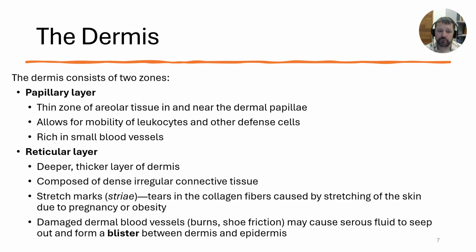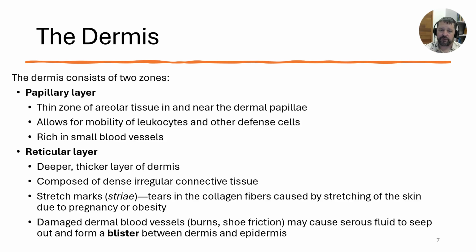Again, dermal damage happens in this region often. This is where blisters will form, either through burns or friction of the epidermis and dermis layer. Fluid seeps into the spaces around this irregular connective tissue and starts to form a blister between the dermis and the epidermis.